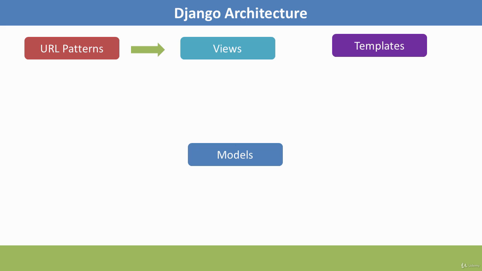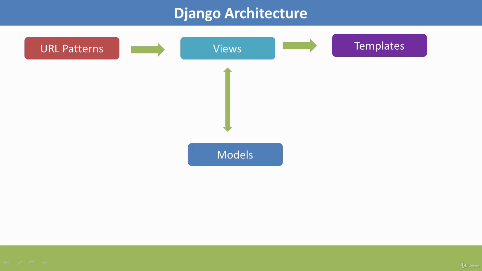Each view can use the model we have defined in our application to query the data. Once the view queries the data via the model, it then uses the template to display the data that you can see.